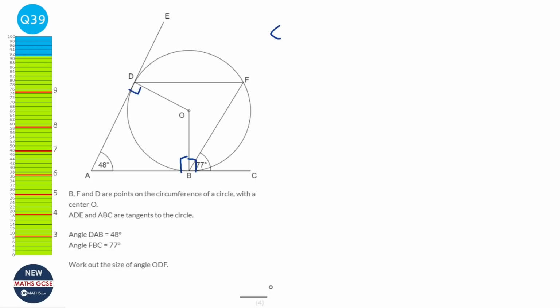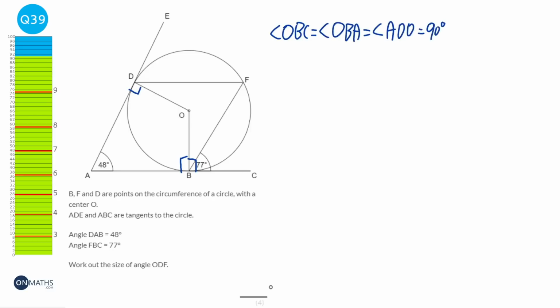And then we're going to say angle OBC equals angle OBA equals angle ADO equals 90 degrees, and we have to show the reasons. Most of the marks in this question will be for the reason. So it's going to be a tangent radius equals 90 degrees. And try and write out the full reasons. I'm going to just keep it a little bit contained, just so I can fit this answer all on the same slide.